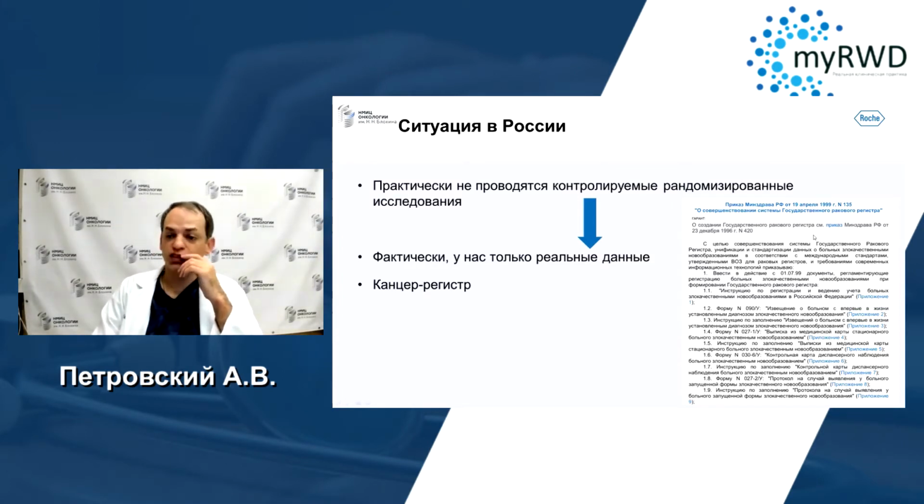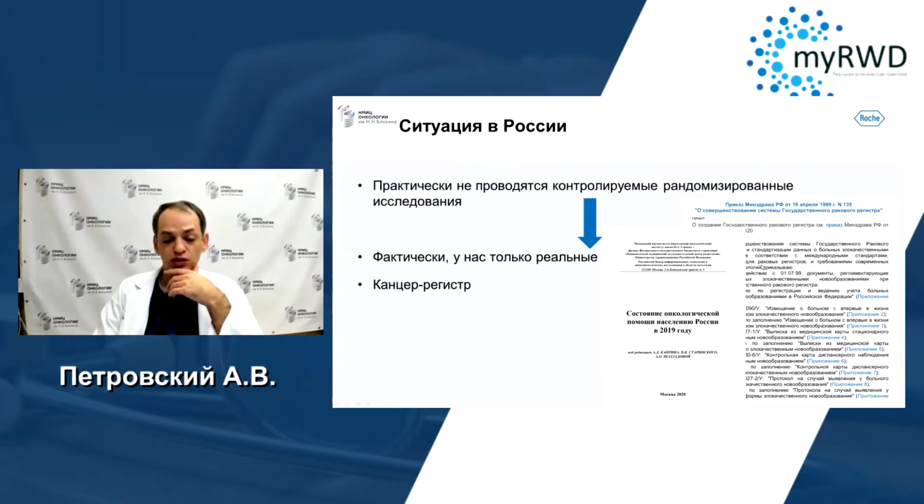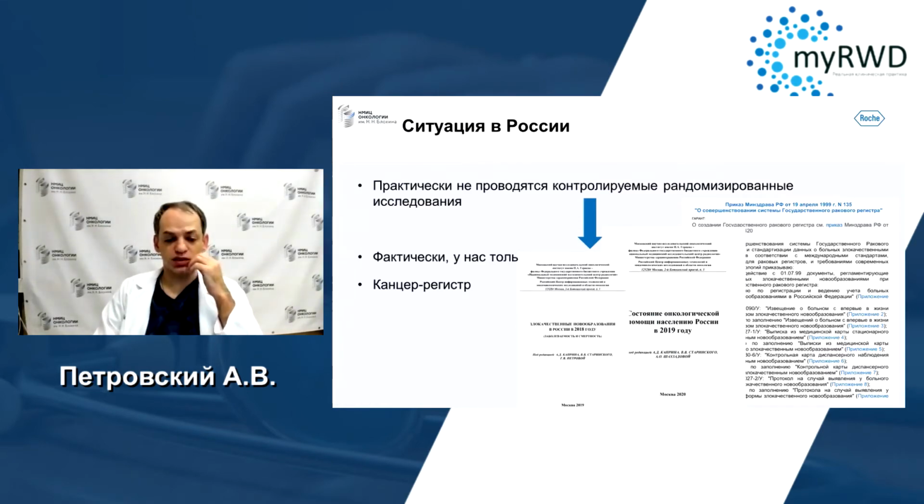This cancer registry has existed for more than 20 years, and there is very good data entry. So yes, it's working, and annually we publish brochures about oncology care, mortality, morbidity, etc. Due to this cancer registry, we know very well how many patients, what diseases, and the stage distribution in the regions of the Russian Federation.